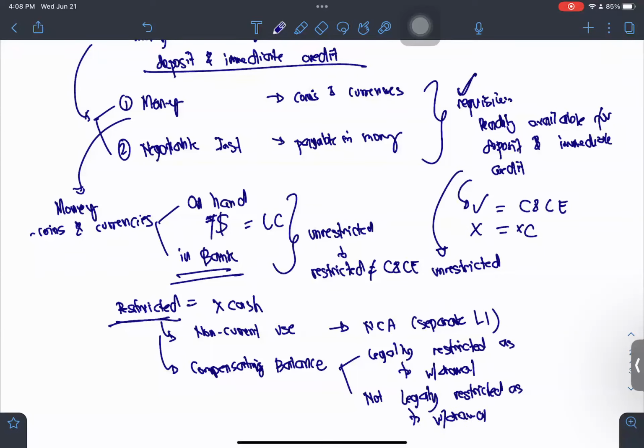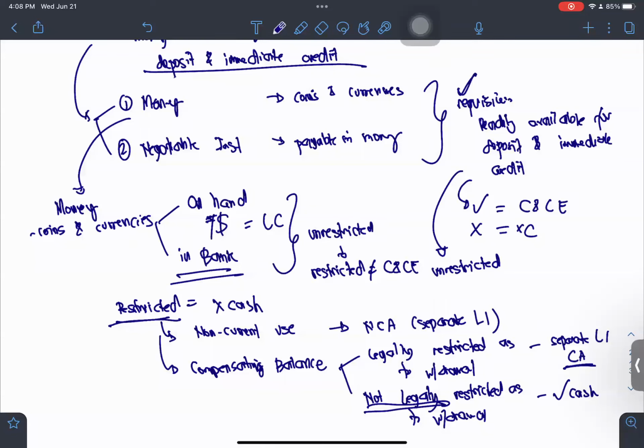If it is legally restricted as to withdrawal, it is part of your separate line item, current asset. But if it is not legally restricted, it is part of cash. Okay?